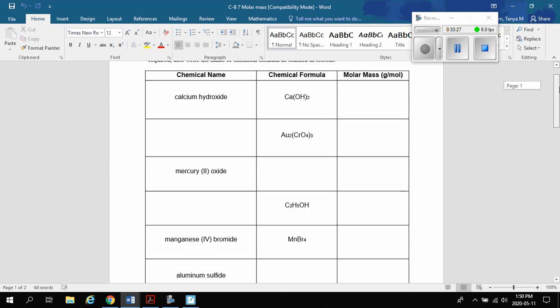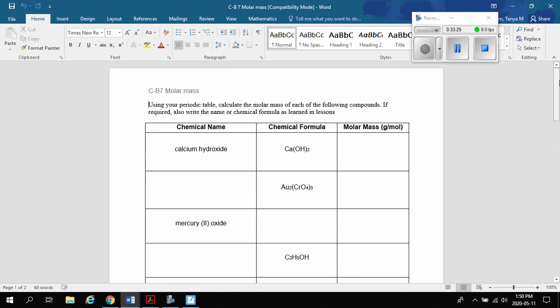This is exactly what's in your notes package. You know what? Let's not do sheet CB7 because most of these are the same as your notes, they all are. So the benefit of you having listened to the notes is now you don't have to do the worksheet. So there you go. Go enjoy your day. Do CB8 next. Okay, see ya.